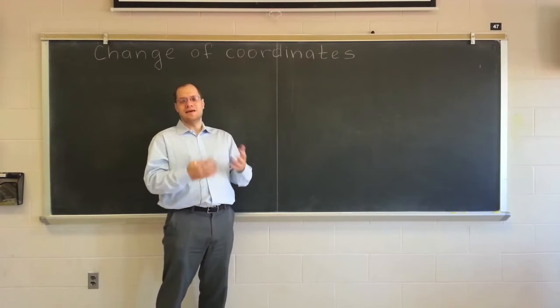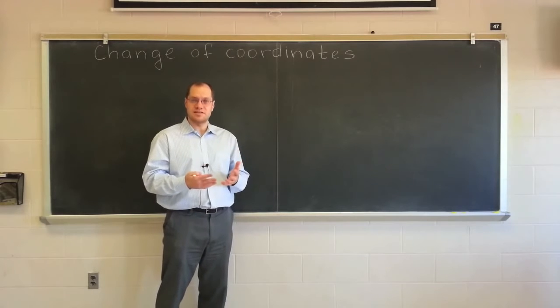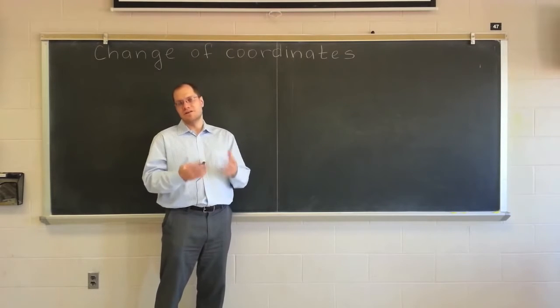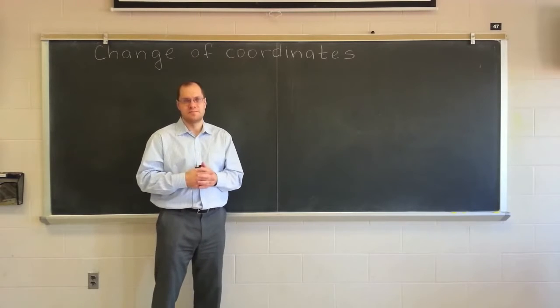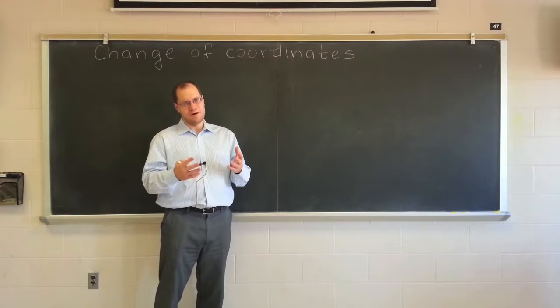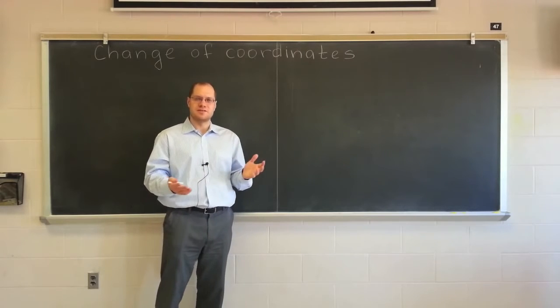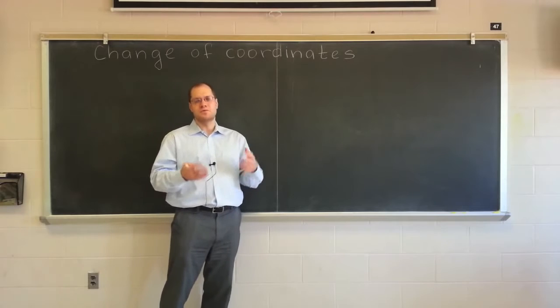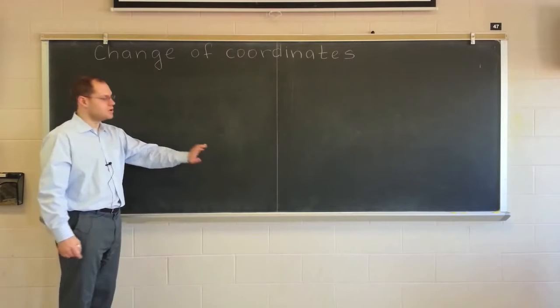And then in later lectures, especially once we're armed with the tensor notation, we'll actually discuss how objects change from one coordinate system to another. And we'll discover that some objects change from one coordinate system to another in a very, very special way. And those objects will be called tensors. But for now, let's concentrate on changes of coordinates.